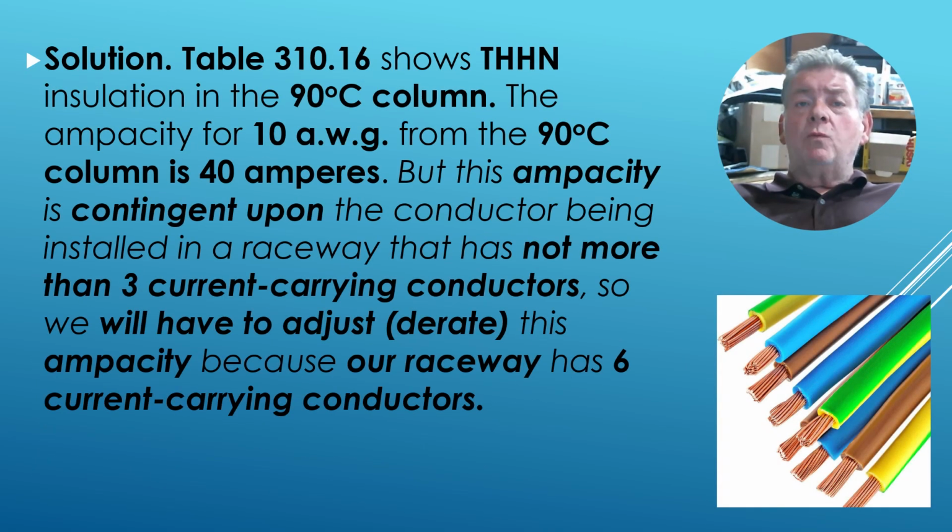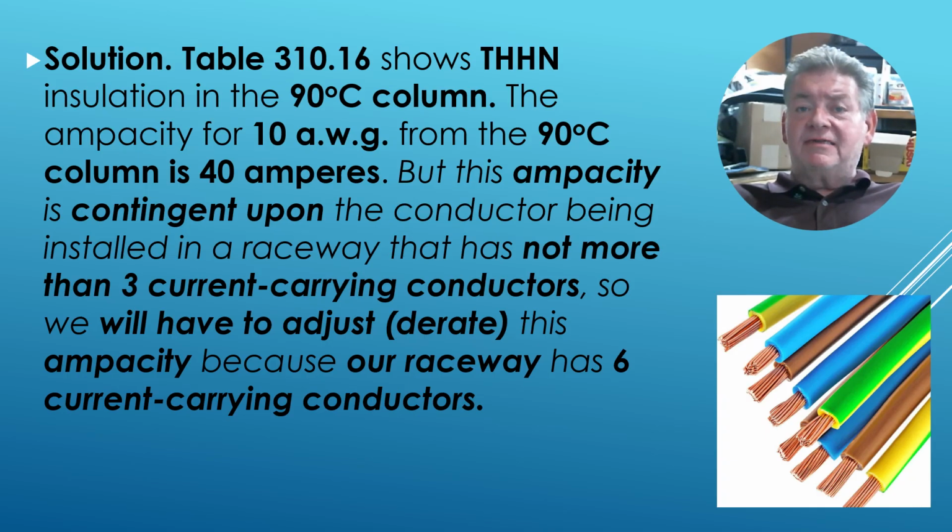Solution. We go to table 310.16. We go to the 90 degree C column because we're using 90 degree insulation, THHN. From that 90 degree C column of table 310.16, we see that the number 10 gauge copper conductor has an ampacity of 40 amperes.